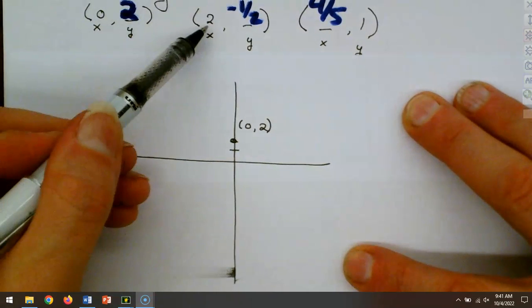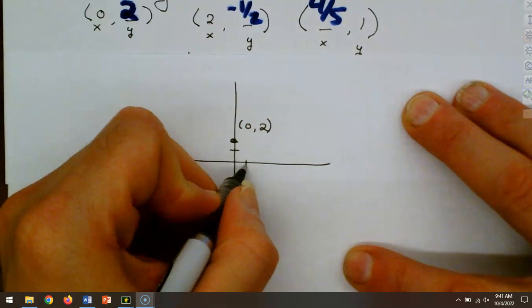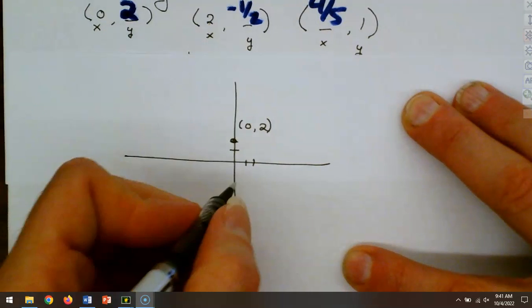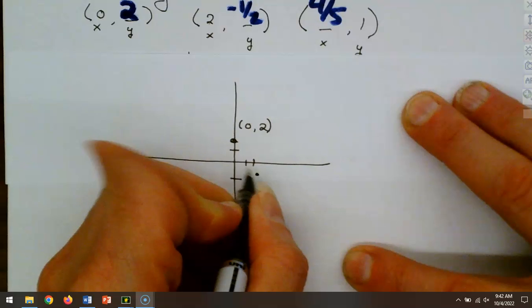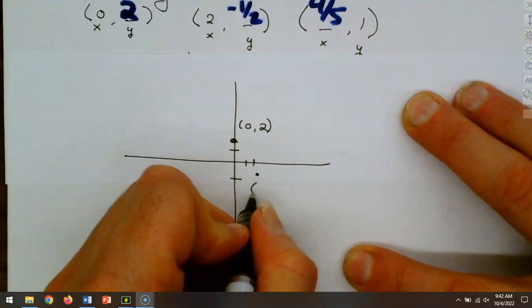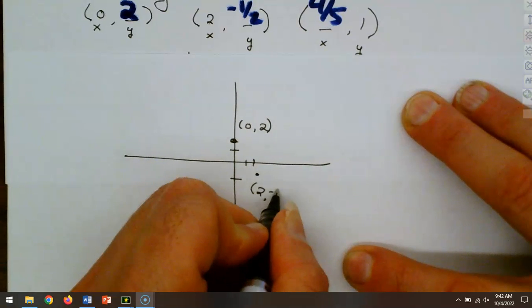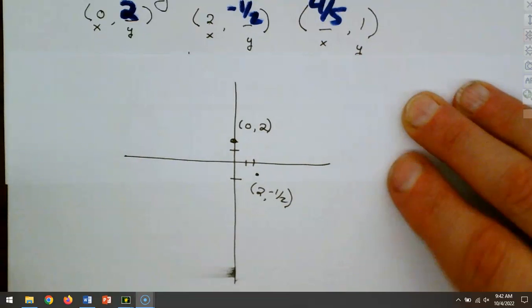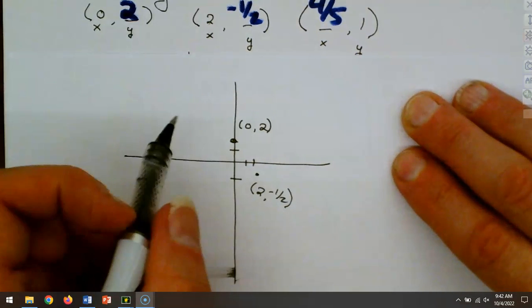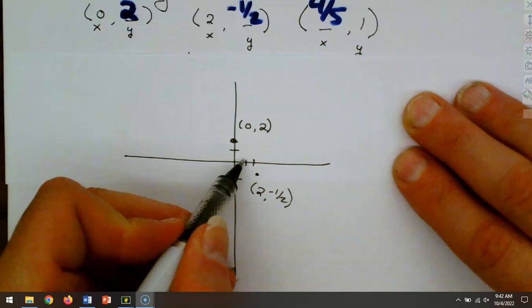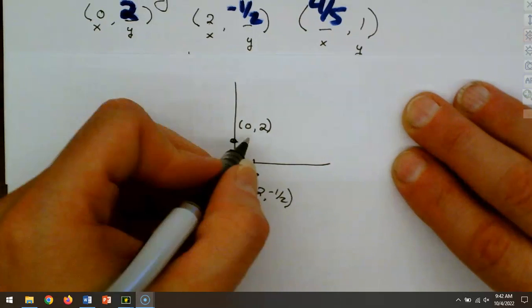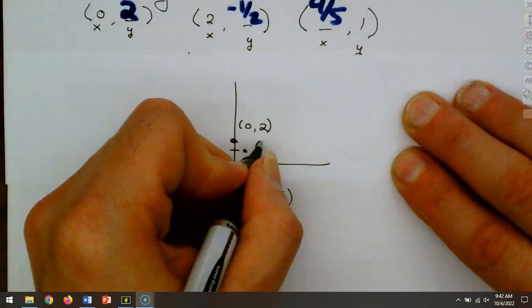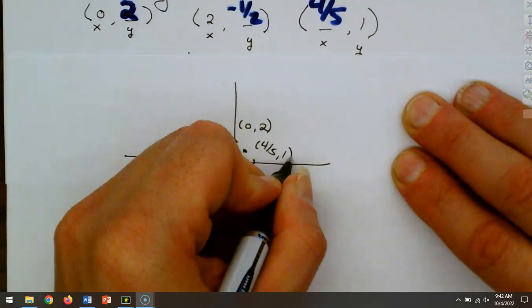We have positive 2, so that's over 2, down 1 half. So that's about right there. And they don't have to be perfect. You just kind of approximate where they go. And the last one is 4/5, which remember is 0.8. So that's right there, up about 1. So that's at 4/5, 1.